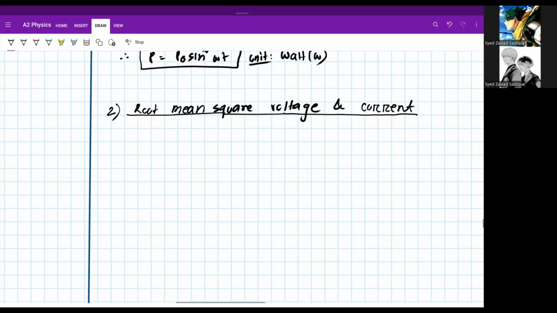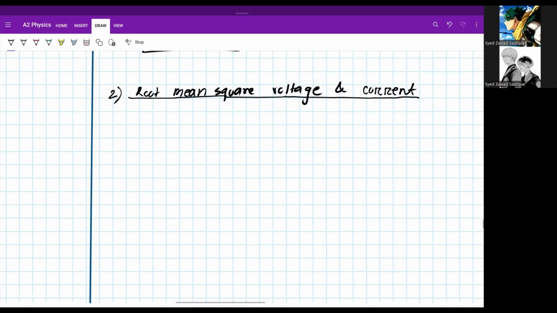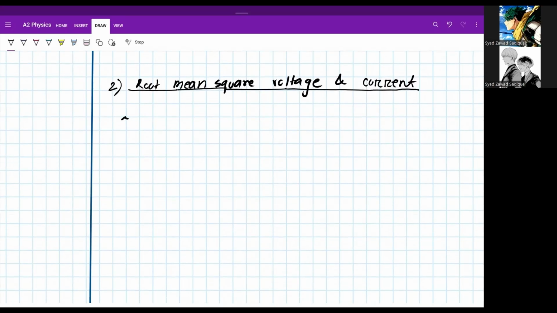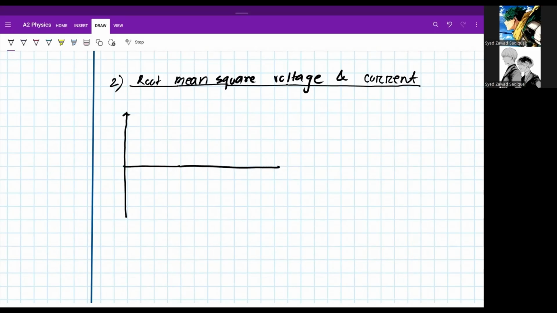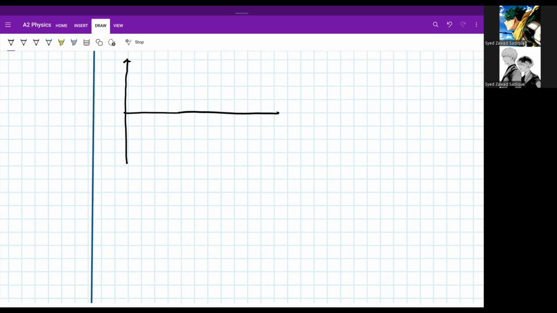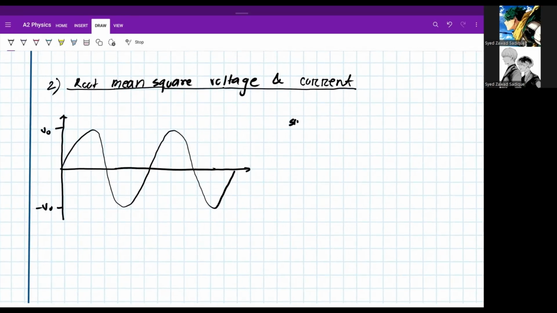Now, if we think about this graph once again, let's draw the graph once again. We can say this is V naught minus V naught. Now simply let's think about the mean.